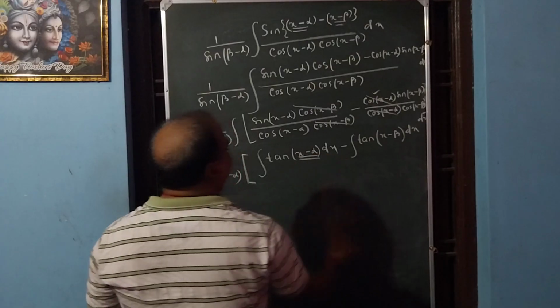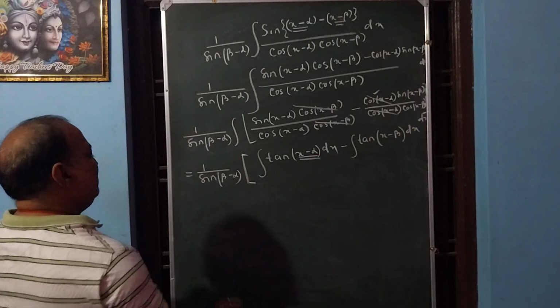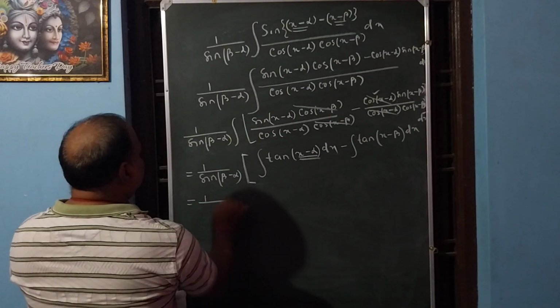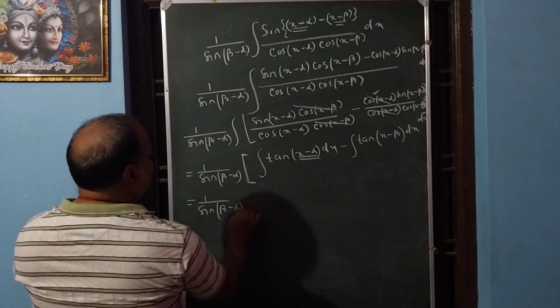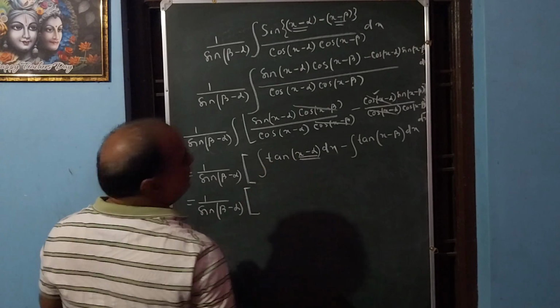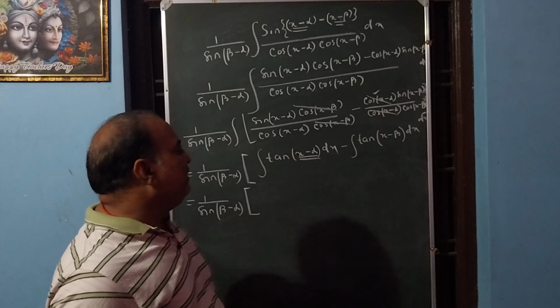We know the integration of tan(x minus alpha), that will be 1 by sin(beta minus alpha). So what is the integration of tan(x minus alpha)? Here the coefficient of x is 1, so that will be divided.